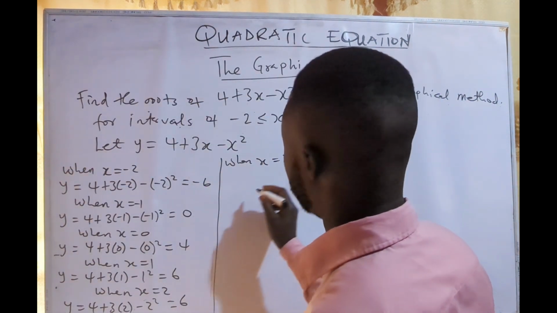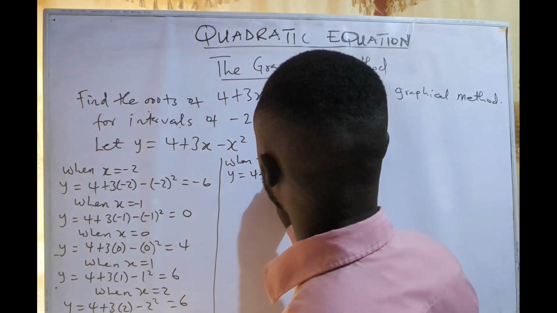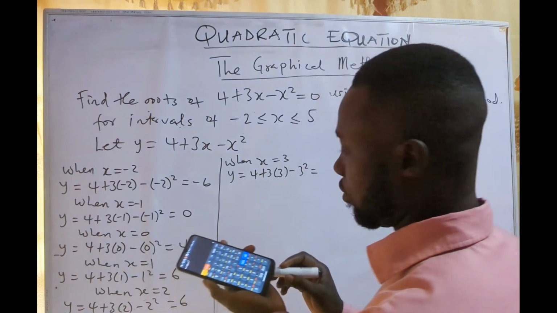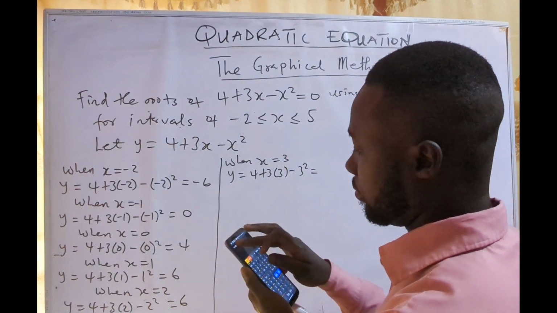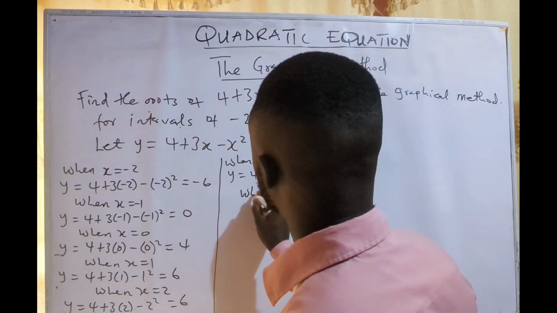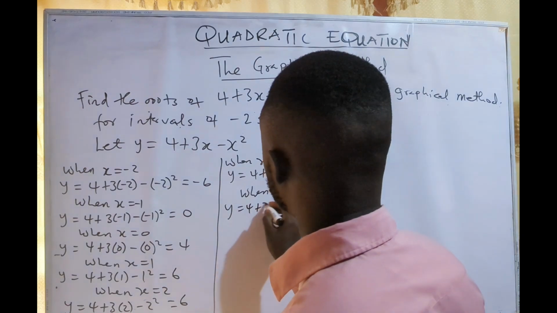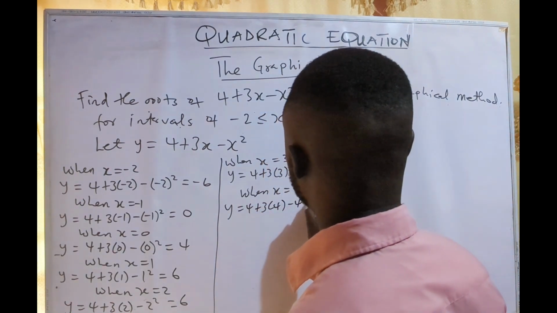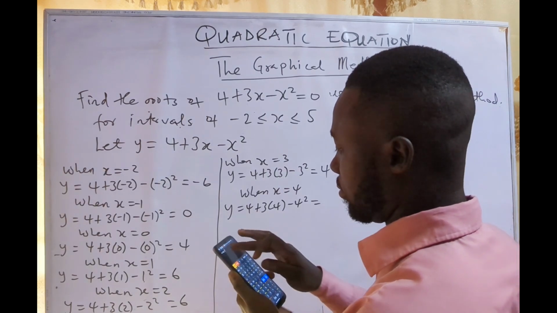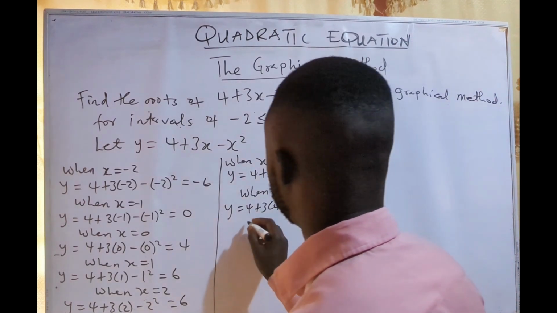Okay, when x is equal to 3, then our y will be equal to what? That is 4 plus 3 times 3 minus 3 squared, and that will give us 4. And when x is equal to 4, y will be equal to 4 plus 3 times 4 minus 4 squared, and that will give us 0.